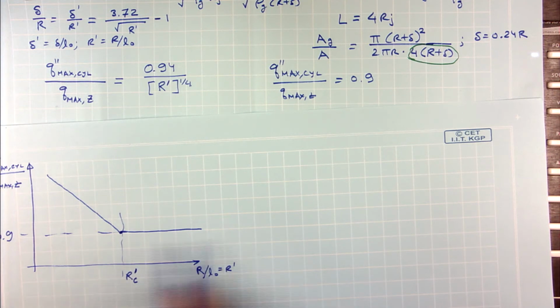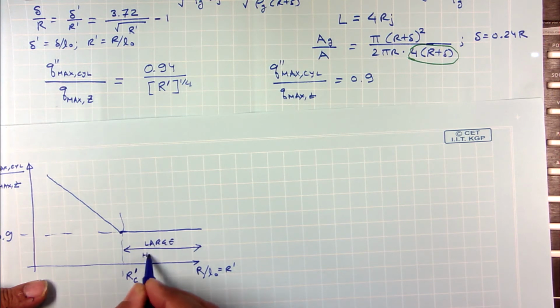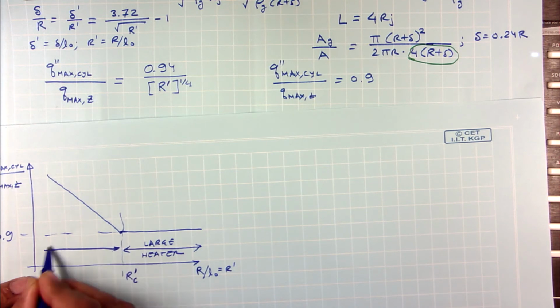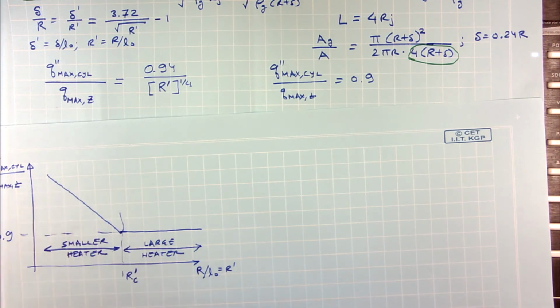So this is my large heater regime, and this is my small heater regime, where everything else remaining the same. As I keep shrinking the size of the heater, the heat flux keeps increasing. Okay. So then the question is, when does a heater become a large heater? Okay.